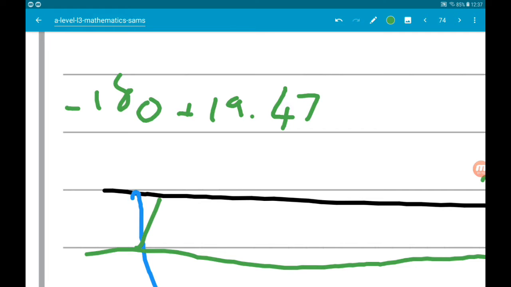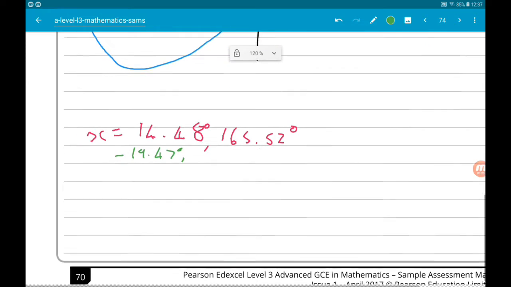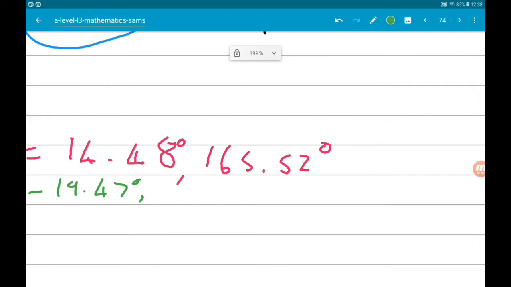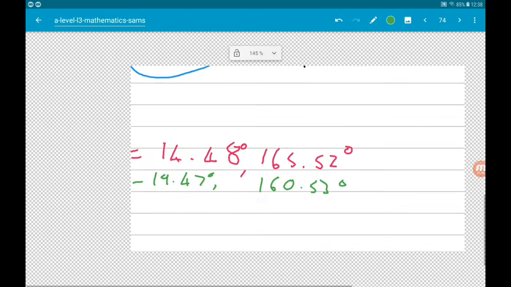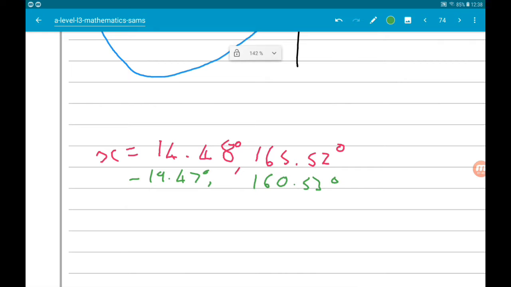And that's going to give us minus 160.53. So there are our 4 solutions.